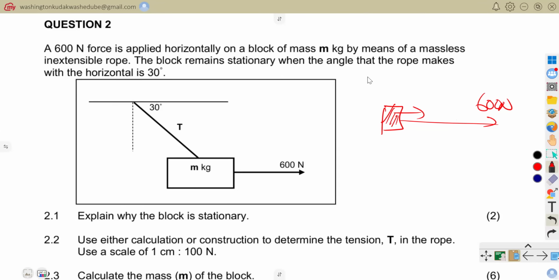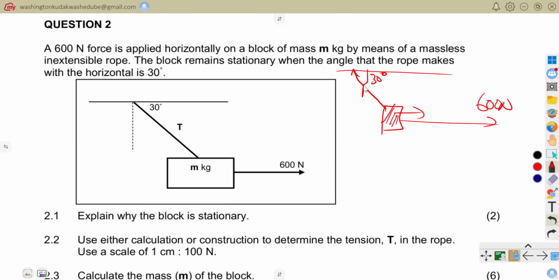But because this object is actually hanging through an inextensible rope, you are going to have some tension that is at a certain angle.